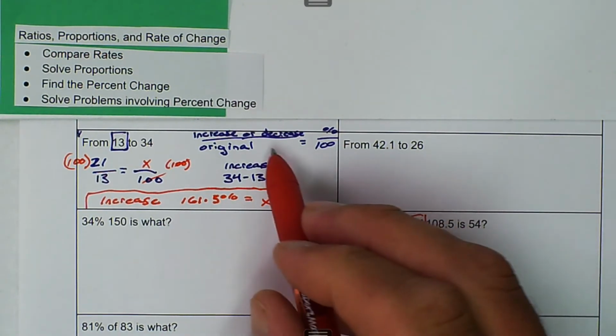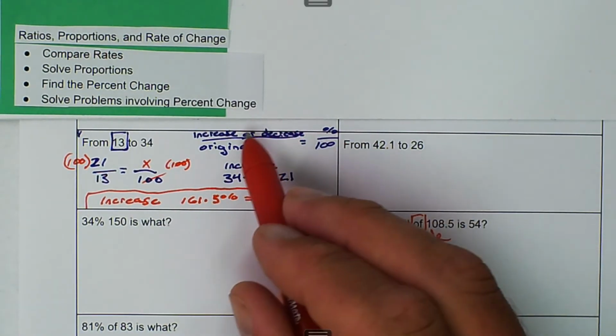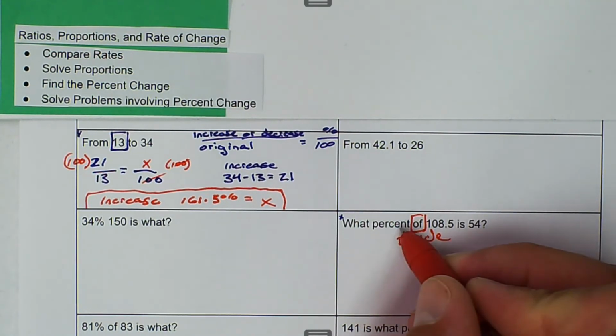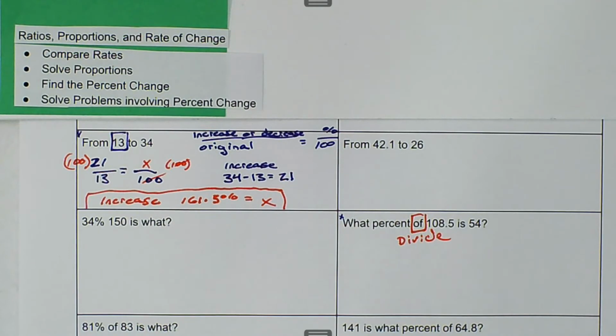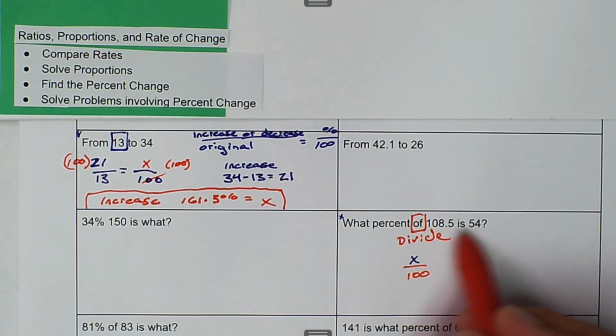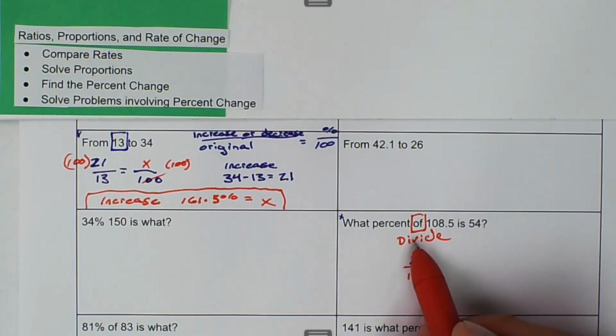We're looking for the percent here. Where does the percent go in the original equation? Above the 100. So it says what percent, which tells us we're looking for X, our percentage, and that percentage always goes over 100. So what should we do with these two numbers? Divide.